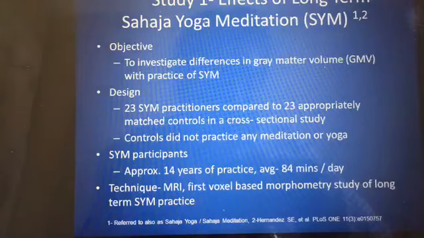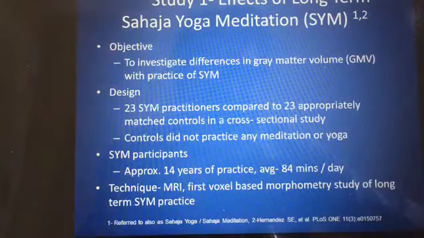Now, before we move forward, this is the right time to say very clearly that Sahaja Yoga meditation is not a cure for dementia or for Alzheimer's. When we present these studies, most of the time the key question we get asked is, if I practice Sahaja Yoga meditation, will I never suffer from Alzheimer's? That is not the point.